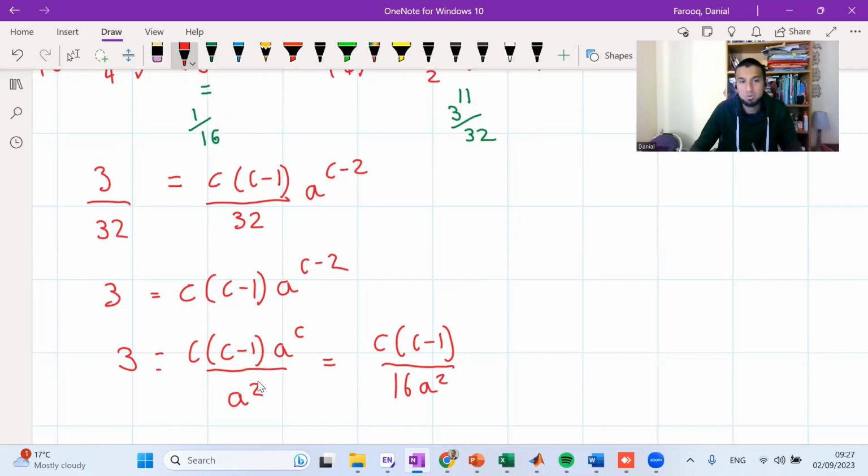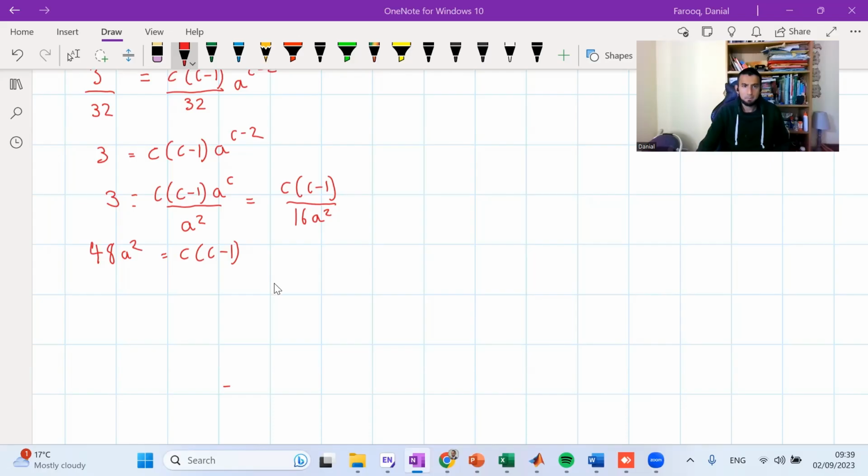However, we still can't solve this. So we know here that a^c equals, sorry, not 16, 1/16. If we put both sides to the power of 1 over c, a would equal (1/16)^(1/c). So we can write that as 48 (1/16) to the power of 2, and to the power of 1 over c will become 2 over c.